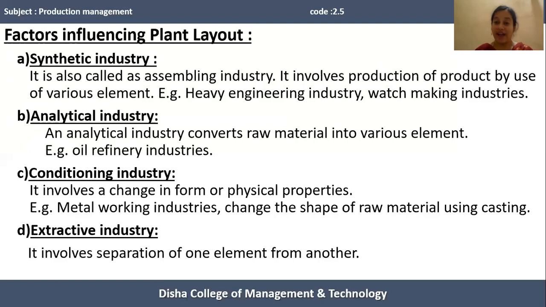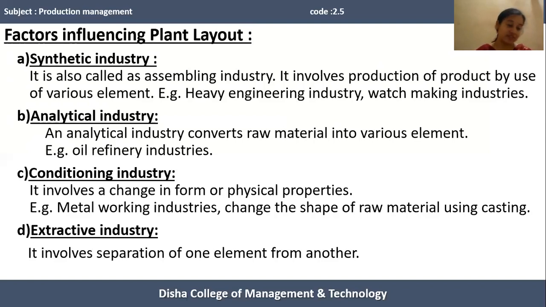By using the casting process, they convert the iron ore into different types of usable pieces. Like, they produce different iron rods and different iron sheets as per the requirement of other industries or organizations.